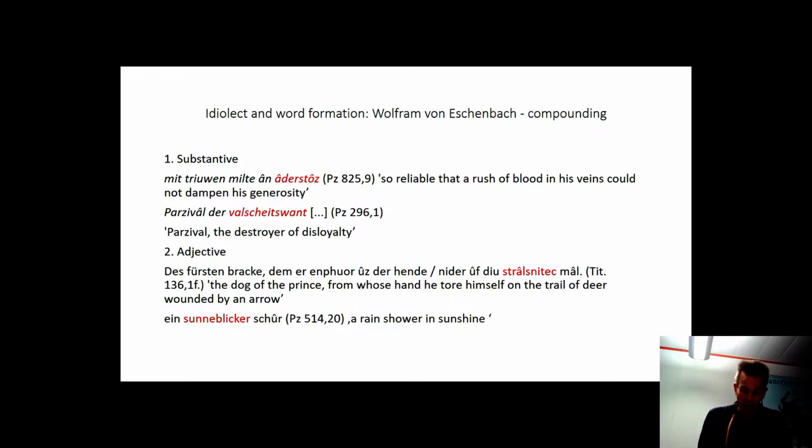The apparent compound turns out to be a pseudo-derivative of Sonneblick and its final sounds ik, which is reinterpreted as an adjective forming suffix based on the model of Kraft, ik, from Kraft. Translated as closely as possible into New High German, a Sonneblicker Schur would be some kind of Sonnenscheiner shower, in other words, a rain shower when the sun is shining.